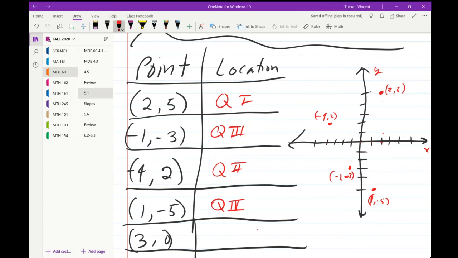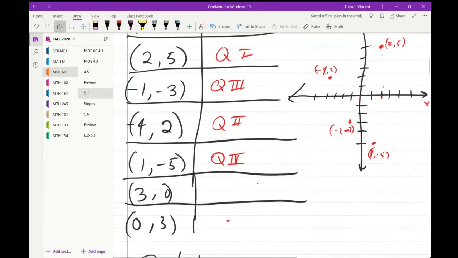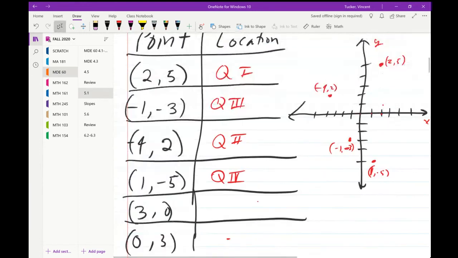All right. So now the next 2, you would go to the right 3, but then nowhere for y, excuse me. So that's not in either one of the quadrants. That just puts you on the x-axis.